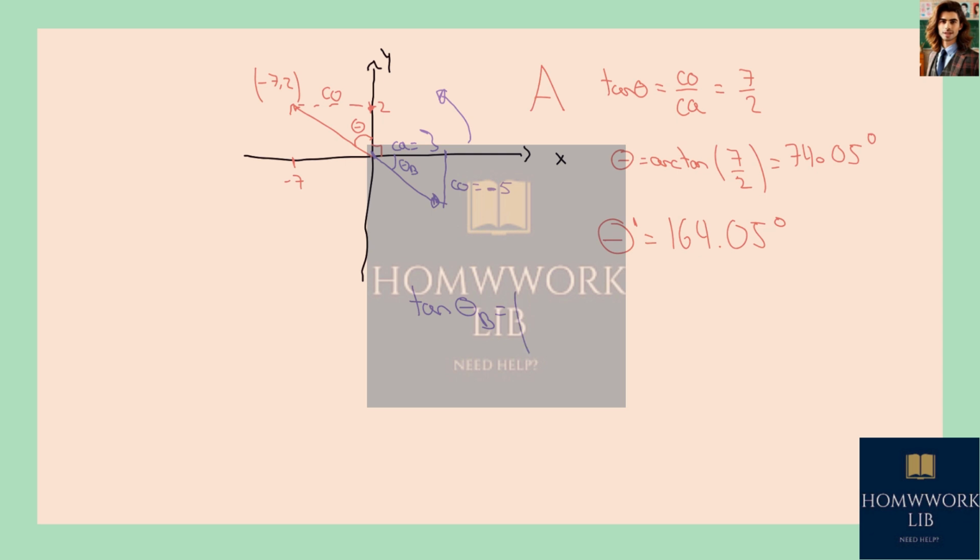So in this case, tangent of theta would be -5 divided by 3. Thus, the arctangent of -5 divided by 3 is going to be equal to theta B, and theta B is equal to -59.04 degrees.